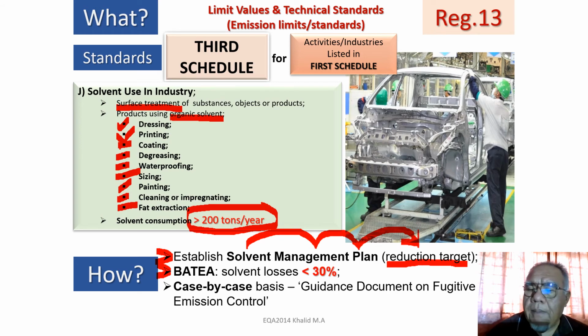So you need to have that best available technology, economically achievable in a form of document, meaning you have to describe what you are doing or what you have been doing to ensure that our solvent losses is really below 30%. And we have got to describe the methodology that we measure that 30%. So that is quite concise.